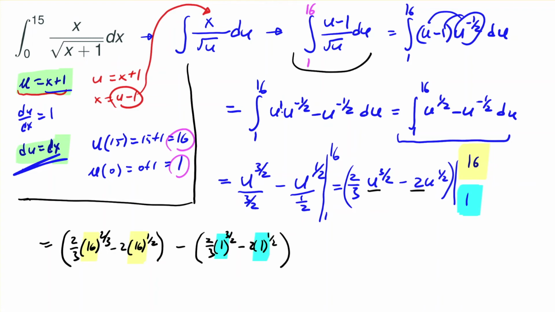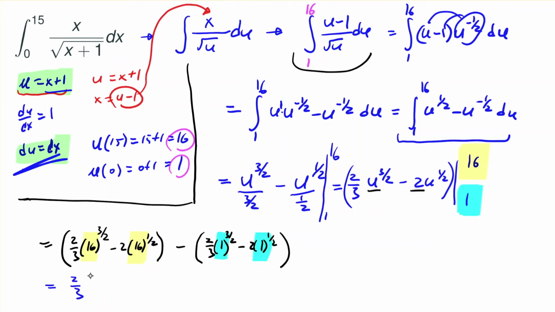Oops, sorry, I copied this number wrong. Oops, I didn't mean to erase the whole thing. Okay, it's better. So this should be 3 over 2, right? I wrote it backward before, so I fixed it. So now let's just evaluate this. This is 2 over 3.